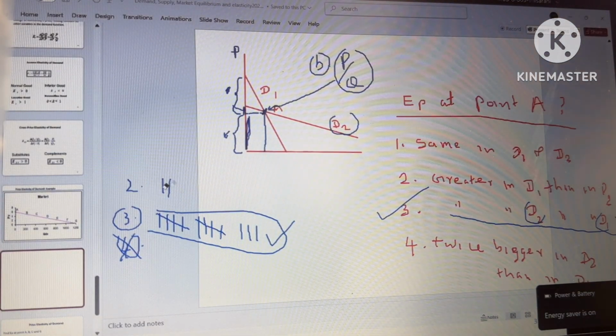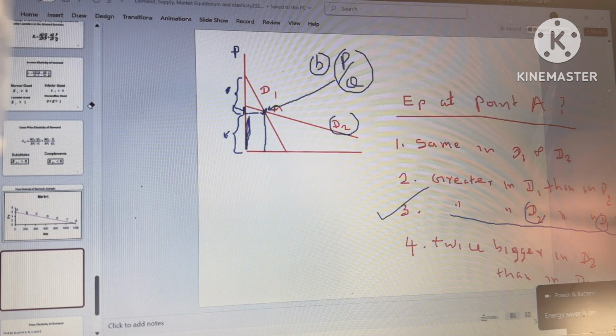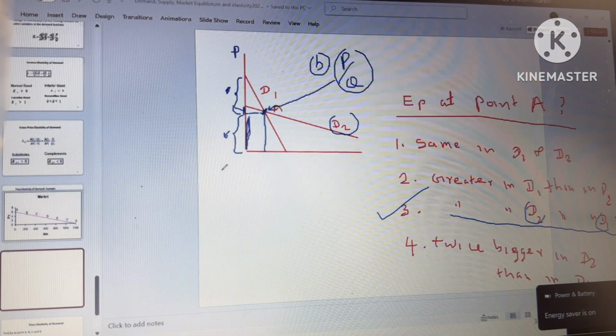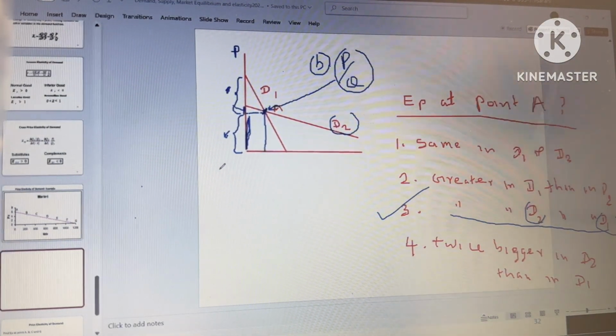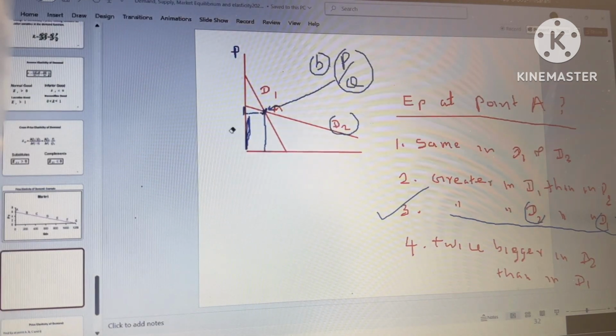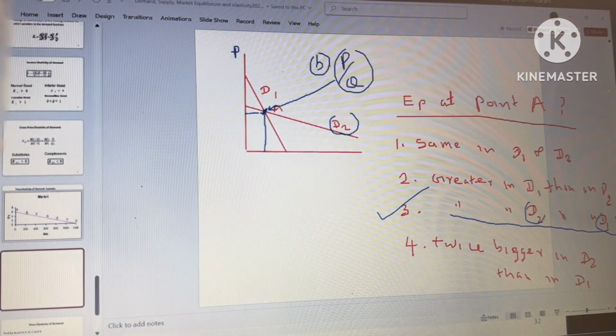So, if you are using the price axis formula, what is the formula you remember? Yes, sir. P divided by Q. No, the price axis formula. If you use only the price information, I told you not the formula. You didn't write it down?